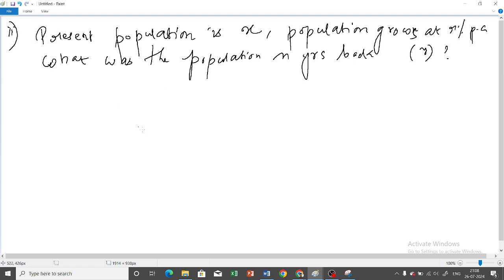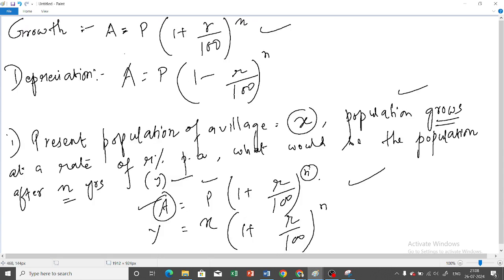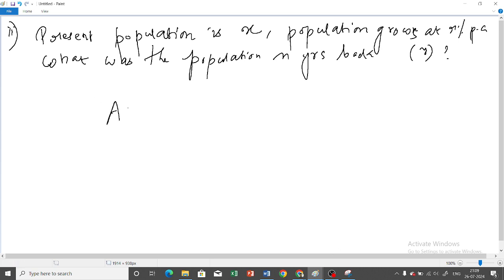Excellent, that is the wrong answer. Ishika, it will be P into 1 plus r by 100. Tell me the formula. Out of this, which formula am I going to use? Sir, growth. Both. Sir, here A will be X and P will be Y.